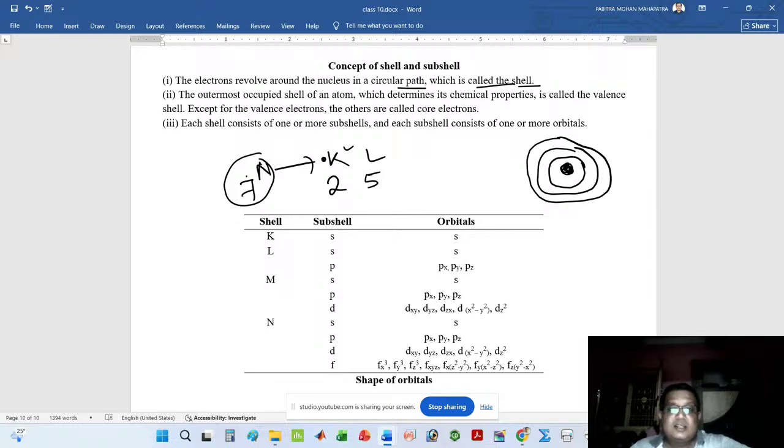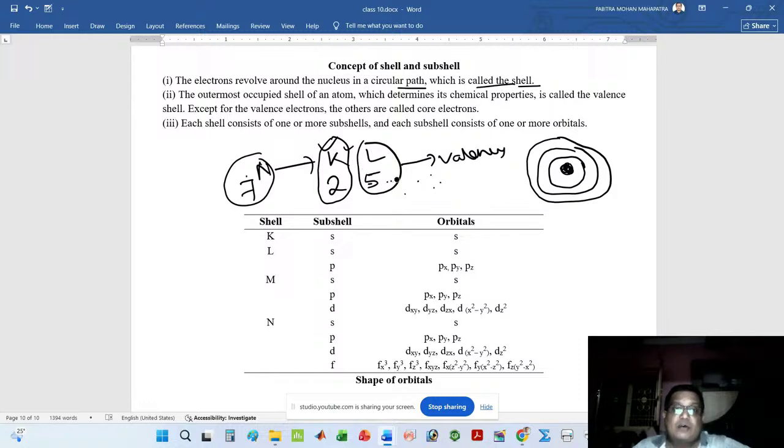Look at that. Here the K shell is the inner shell, the L shell is the outer shell. This outer shell is called the valency shell, and the electrons present in the valency shell determine the chemical property of this atom. Remember, the electrons present in the K shell do not determine the chemical property of the atom.